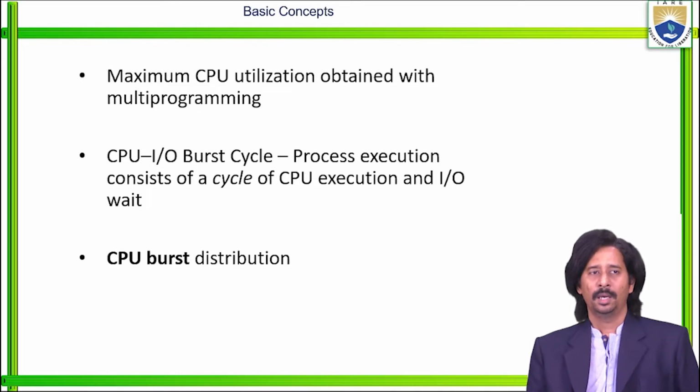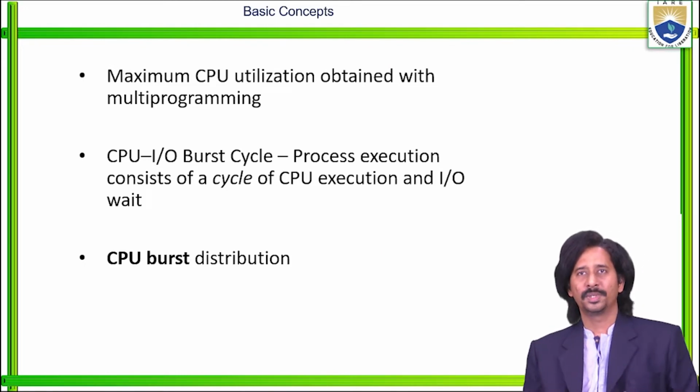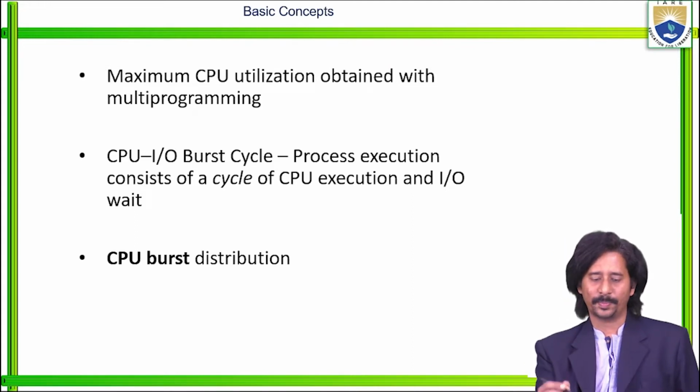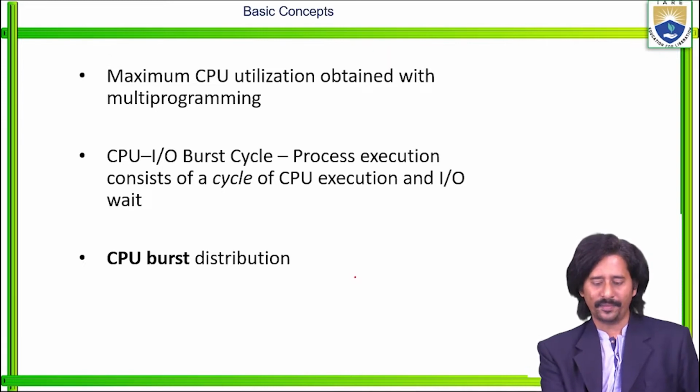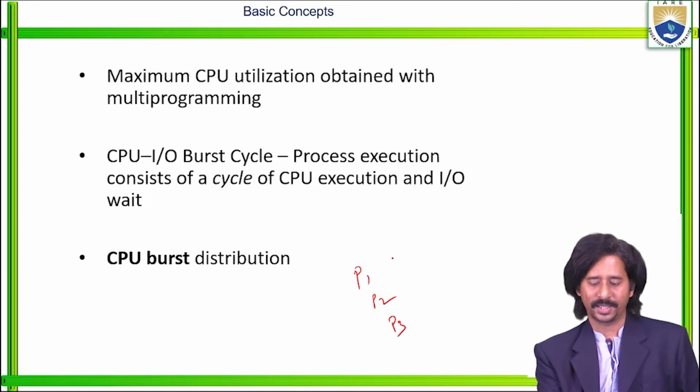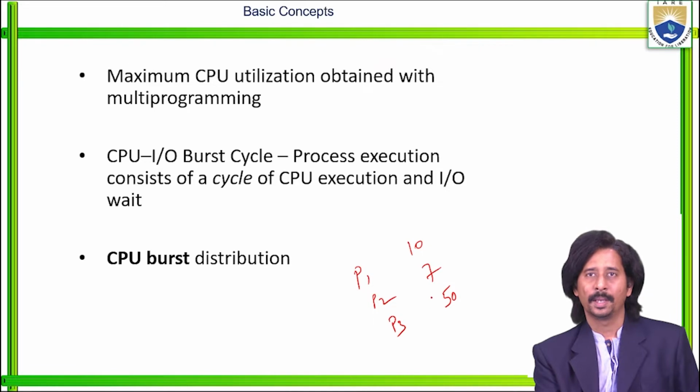Now, the CPU input output burst cycle, right? What is meant by this burst cycle? For example, take three processes, right? For each and every process there exists some burst time.